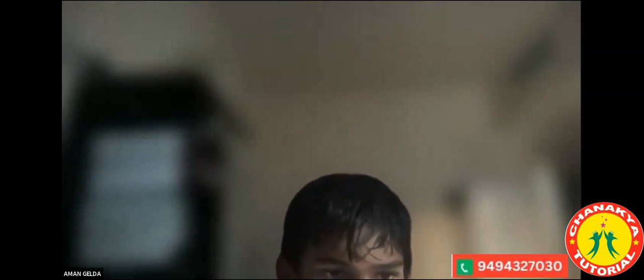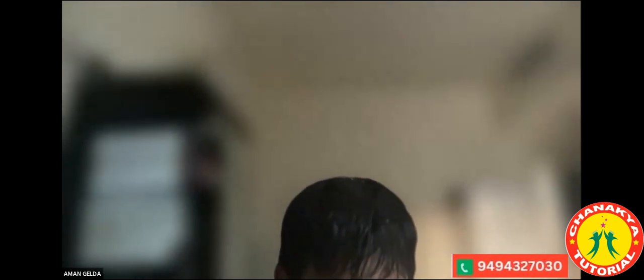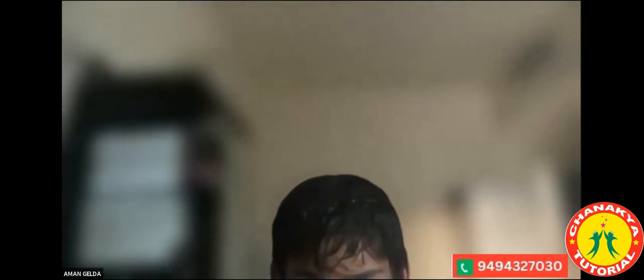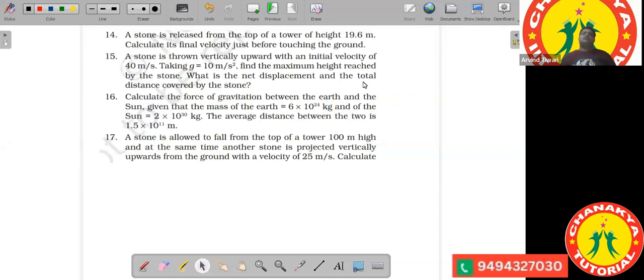Okay, fine. So let's see how do we solve this. I'm showing you here the question. It says a stone is thrown vertically upward with an initial velocity of 40 meter per second. Okay, so let's first understand this problem. Suppose this is the surface of the ground from where you are throwing a stone.